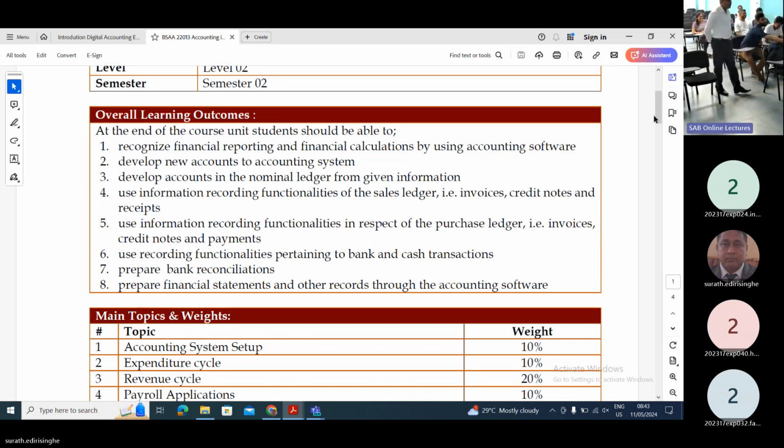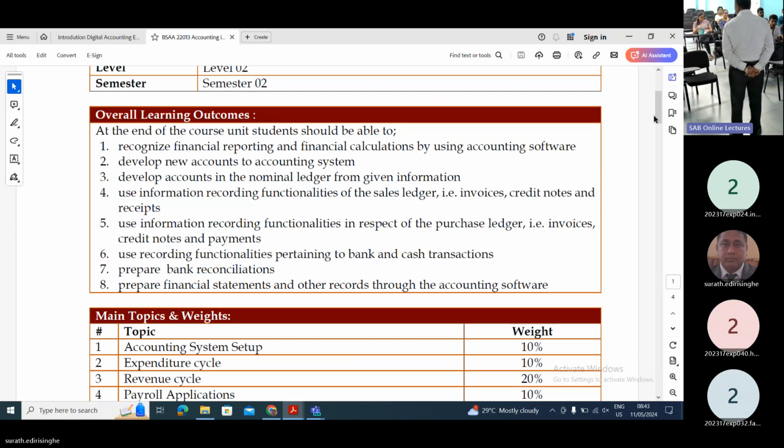Right. Now, in the fifth one, use your company information for the purpose of recording and managing your purchase ledger. The purchase ledger means the accounts payable ledger.